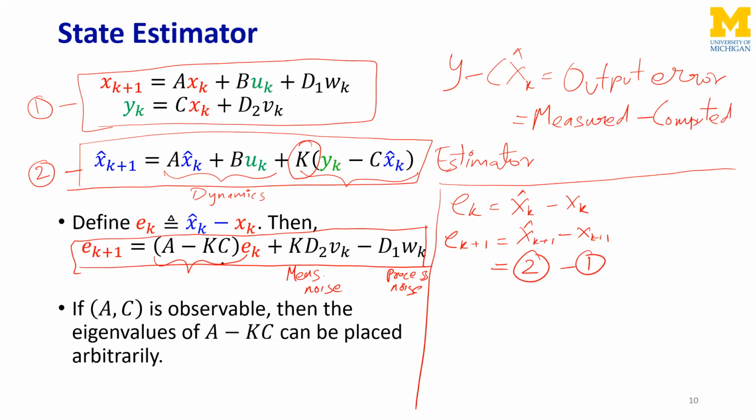You can put them all to 0. And if you put all of them to 0, this term just completely wipes out. But you're still going to be left with the measurement noise and the process noise. So you have to judiciously choose your gain K so that you minimize the effect of the state error, the measurement noise, and process noise.